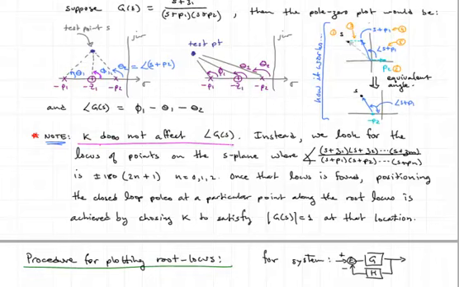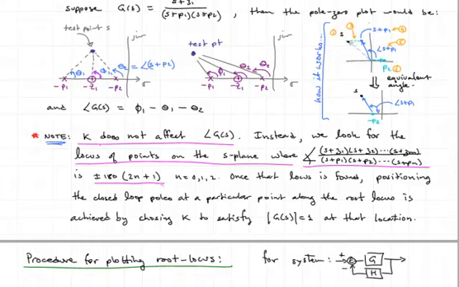So instead, what we do is we look for the locus of points on the s-plane where the angle condition is satisfied. In other words, the angle of this open loop transfer function, all the zero terms divided by all the pole terms, the angle of that is plus or minus 180 degrees times this 2n plus 1.